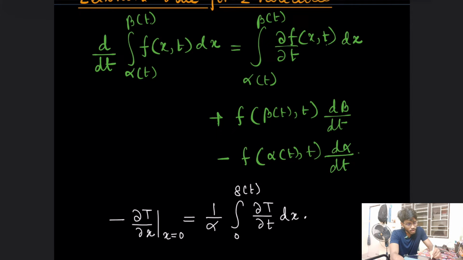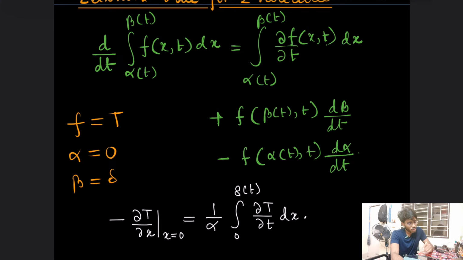Now you will put f equal to T, every other thing is the same, but alpha is equal to 0 and beta is equal to delta.